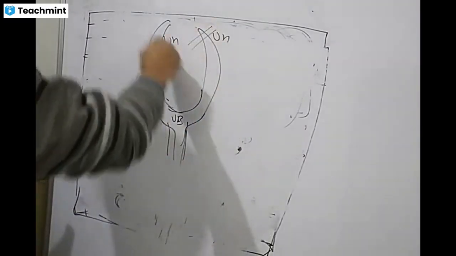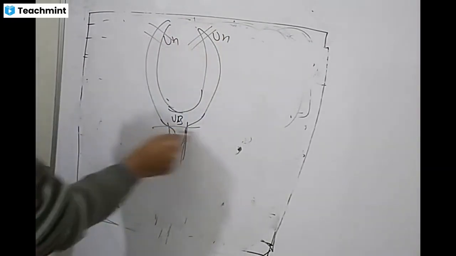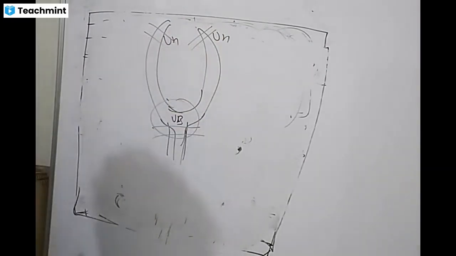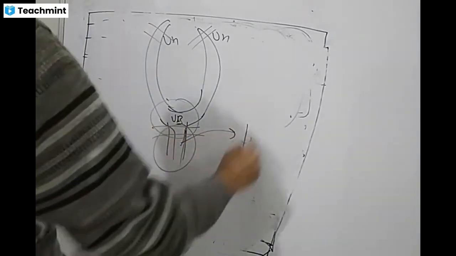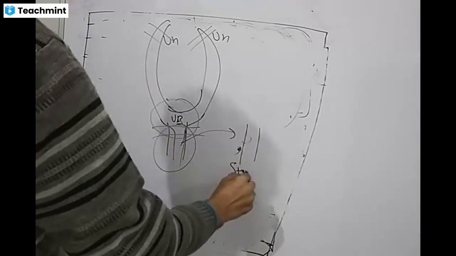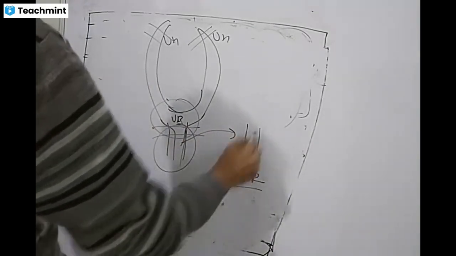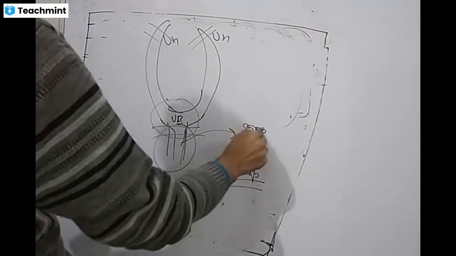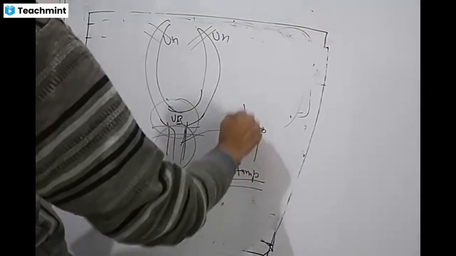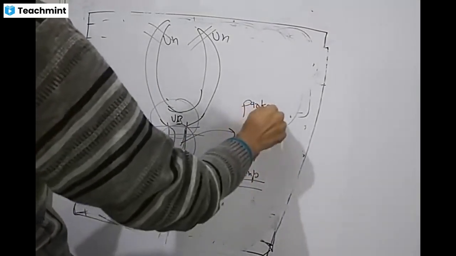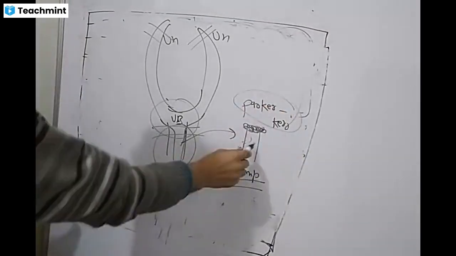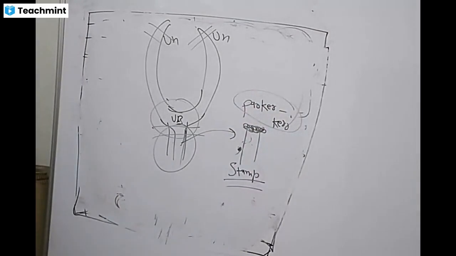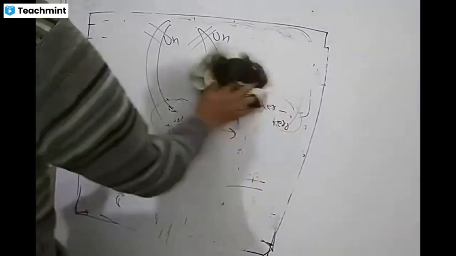After removing from this point, we want to remove the uterus from this point. This is the stump, the remaining stump. To close this stump, we use the pattern that is called Parker-Care pattern. How to close this stump with Parker-Care?